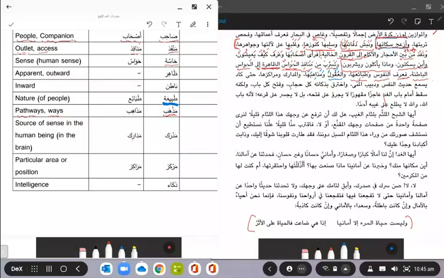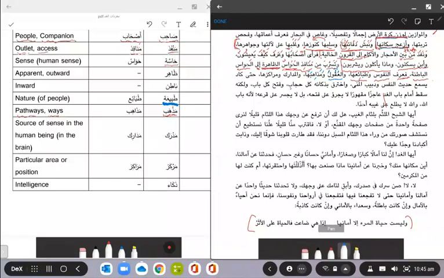That pattern maf'al refers to the place or the time where the action takes place. Masjid is the place of sujud, and madhhab is basically the place of walking. In other words, a pathway.